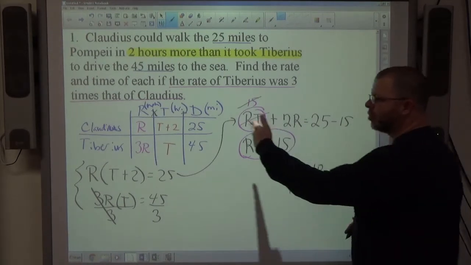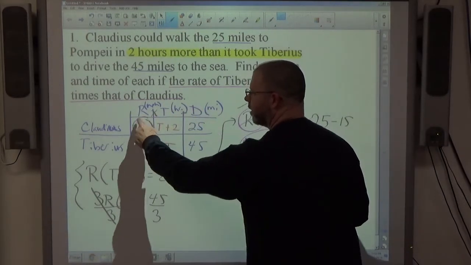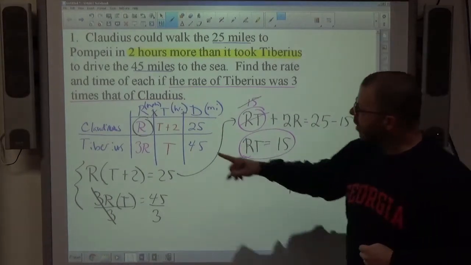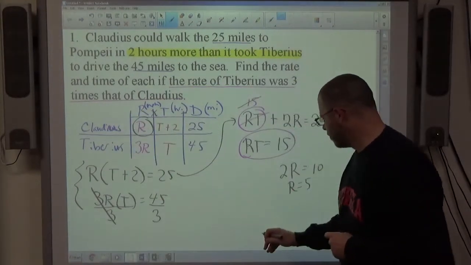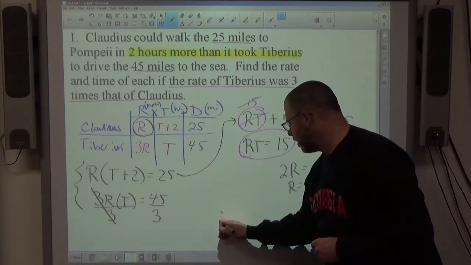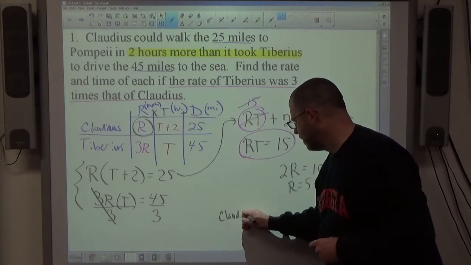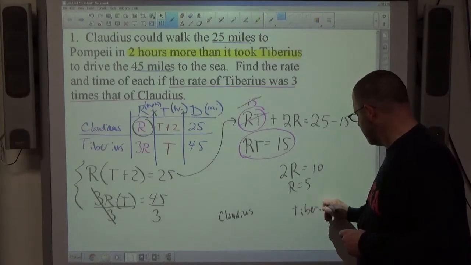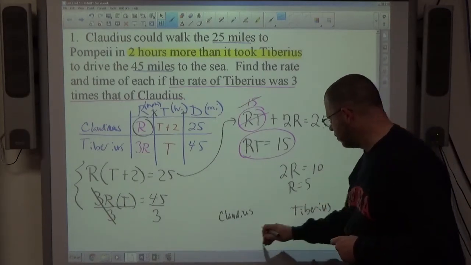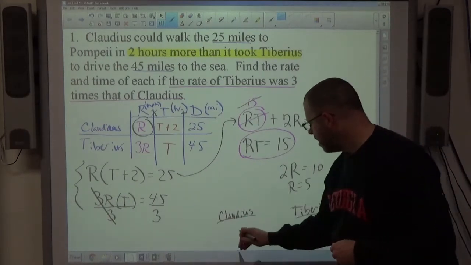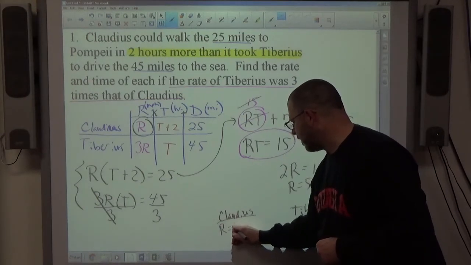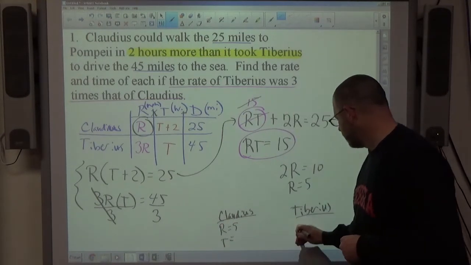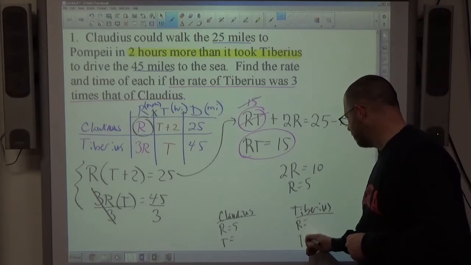If I go back to my chart over here, I can find what r represents. r is the rate of Claudius. So I can put rate equals 5 for Claudius, time equals something, rate equals something for Tiberius, time equals something.